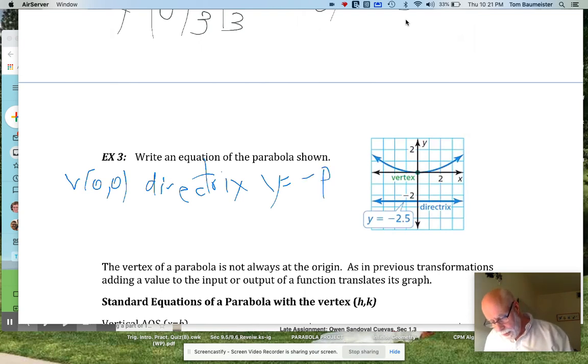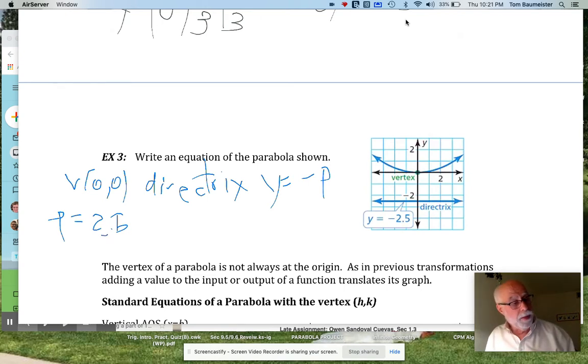So if you look at that, our p, since it's negative, is just going to be 2.5. So our p is equal to 2.5.